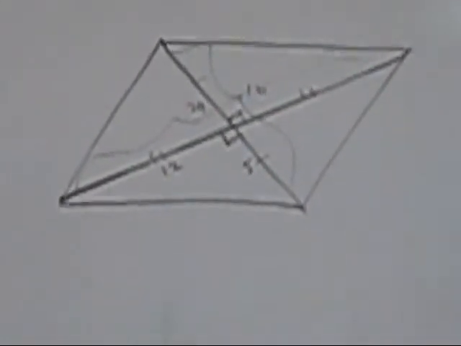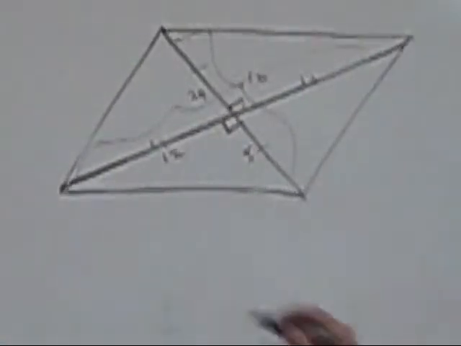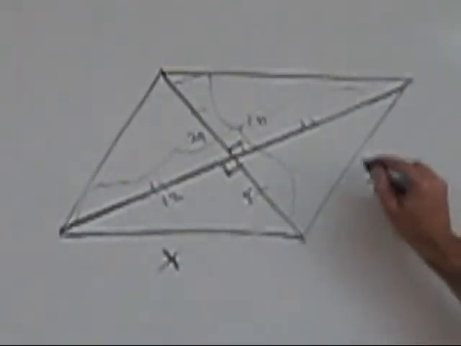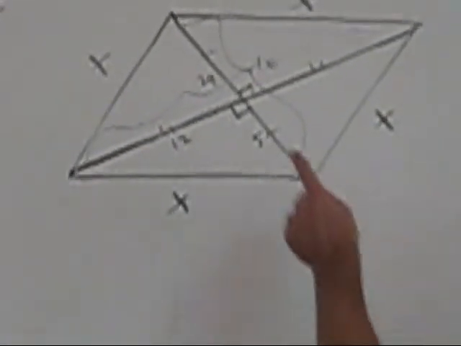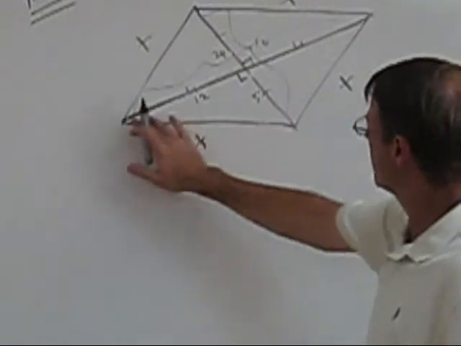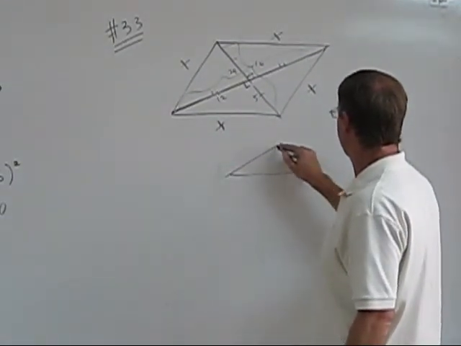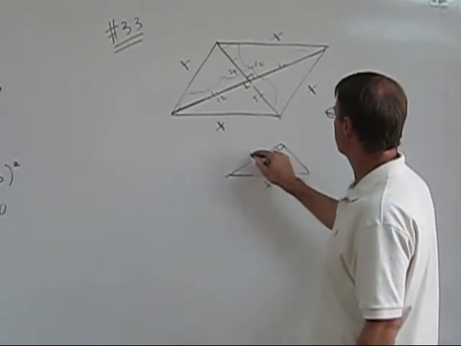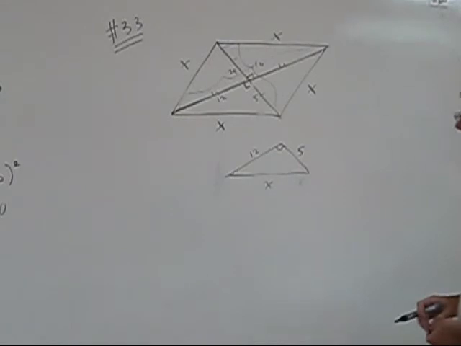Now, the problem's asking us for the perimeter, which means I need to add the lengths of the outside. I don't know what that is yet, so let's call them all x. The nice thing about the rhombus is that you create this right triangle inside here. If I look at this little triangle, with the right angle, this is x, this is 12, this is 5, and now I can use the Pythagorean theorem to find x.